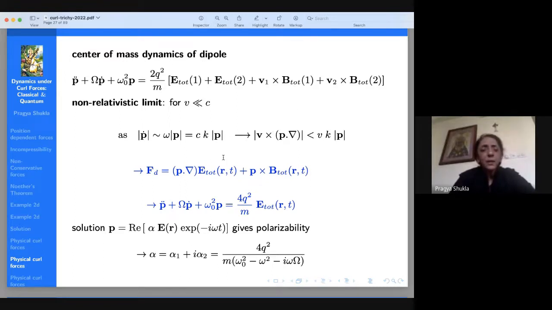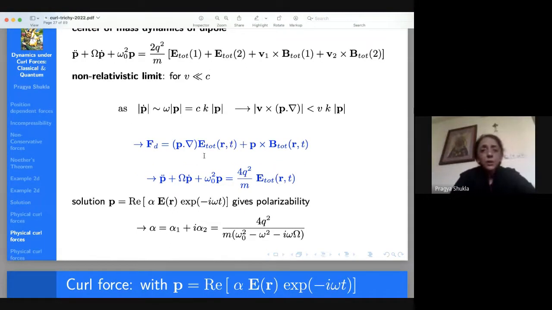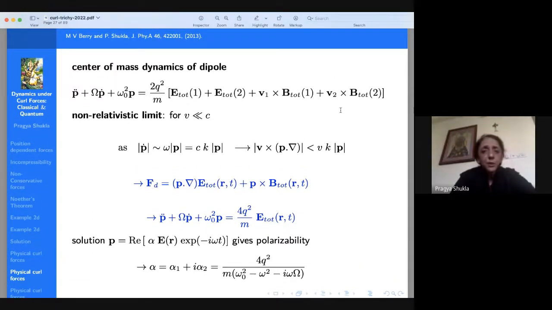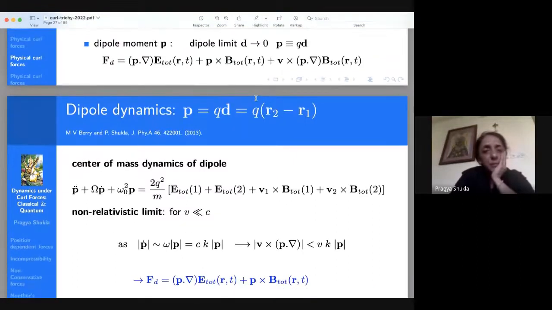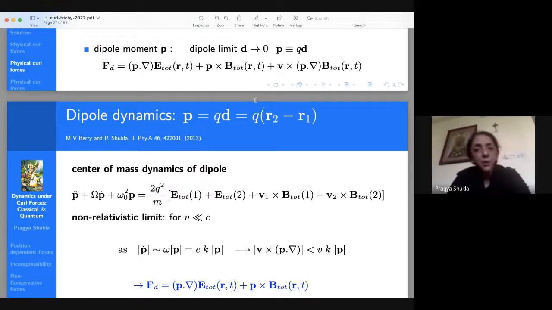These terms can be rewritten in this equation form under the non-relativistic limit, and then it turns out when you substitute it here, I'm sorry. I have to repeat myself because I jumped a little bit.